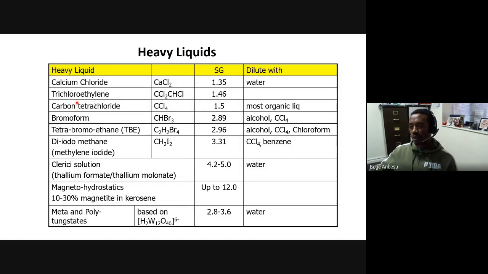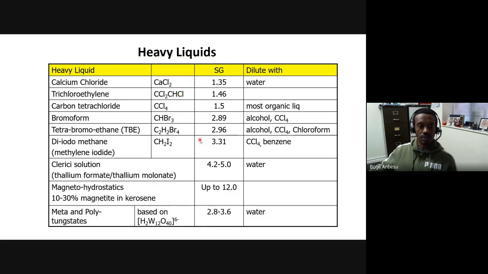You could use other hydrocarbons. A lot of them actually are now banned these days, obviously, due to toxicity and the fact that they are environmentally unfriendly. But back in the days, people used a number of organic-based solvents as heavy liquids or as dense liquids.